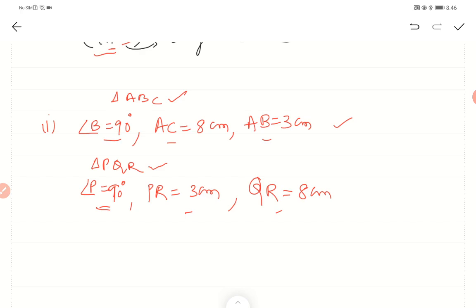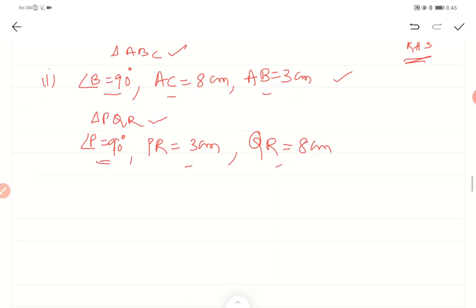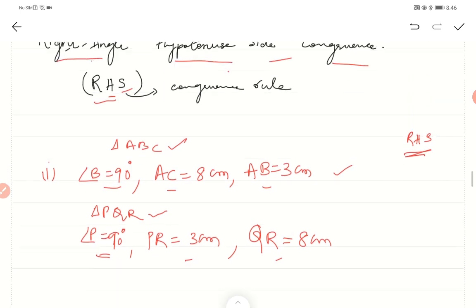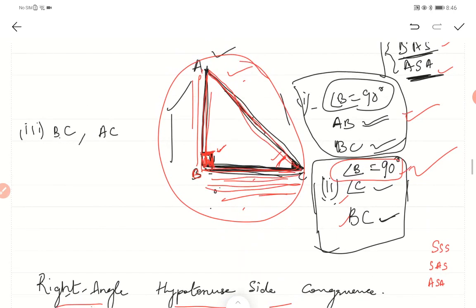Now let us see, using the RHS congruency rule, whether these two triangles are congruent or not. What is the RHS rule? The 90 degree angle should be the same, the hypotenuse length should be the same, and the base.